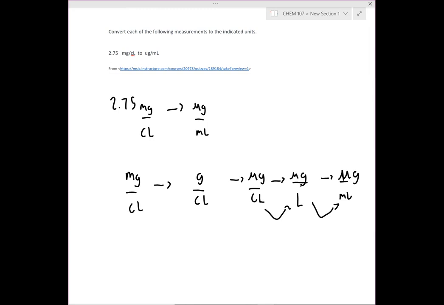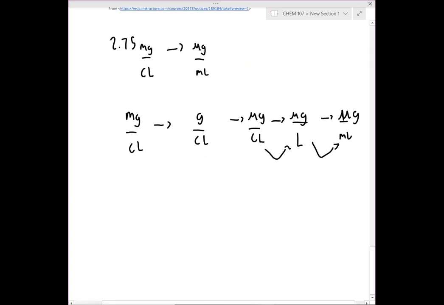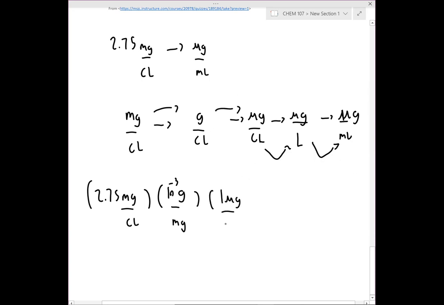So now that we have everything set up, we're going to execute on this problem-solving scheme. First, we're starting off with 2.75 milligram per centiliter. To go from milligrams to grams, we know that there are 10 to the negative third gram per milligram. To go from gram to microgram, we know in 1 microgram, we have 10 to the negative 6 gram.